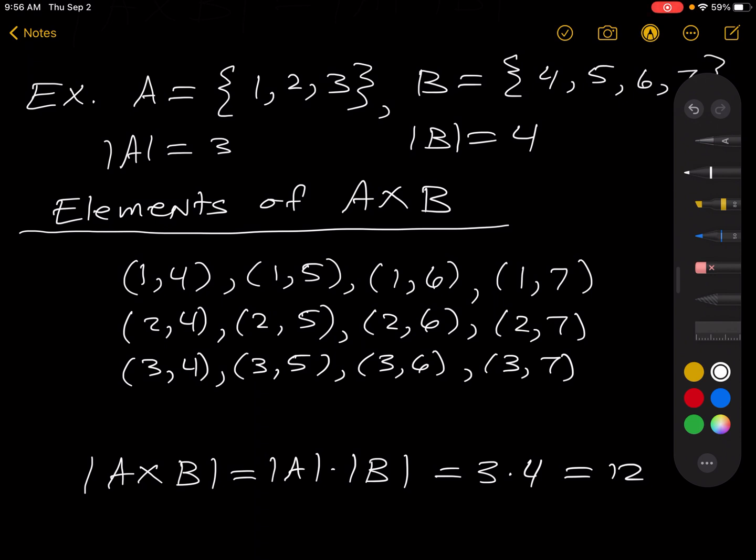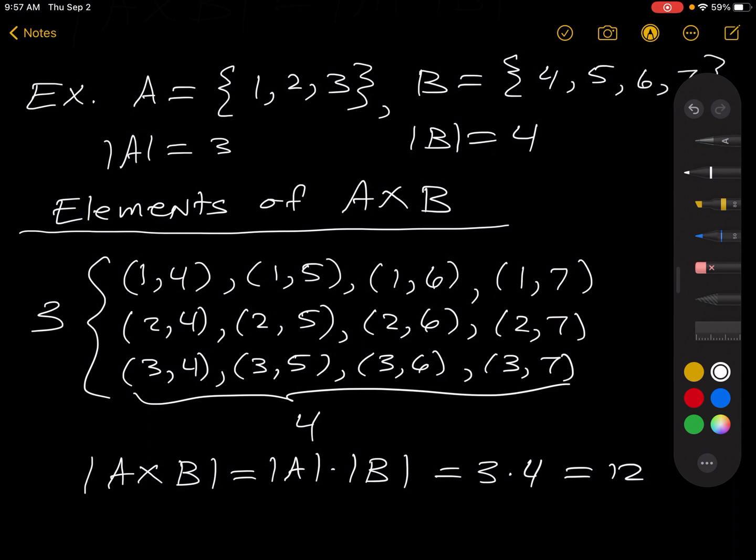So there's 3 first coordinates, and for each one of these first coordinates there's 4 second coordinates. So that makes 3 times 4. Now this is why, because we have 3 times 4, and 3 times 4 is 12. This is why the formula works.